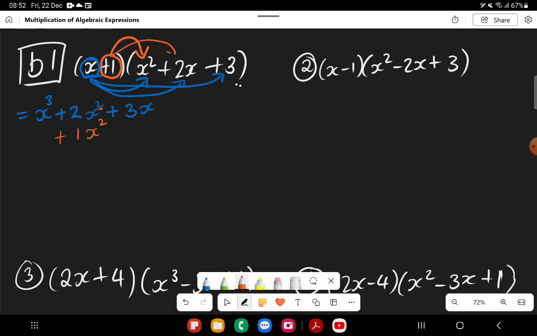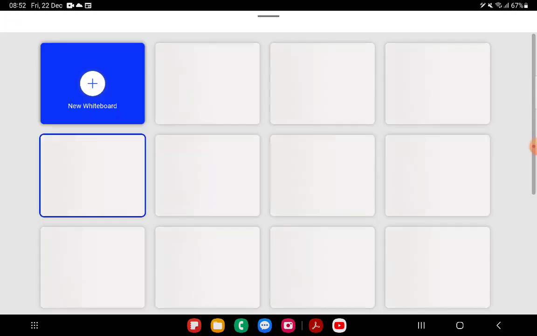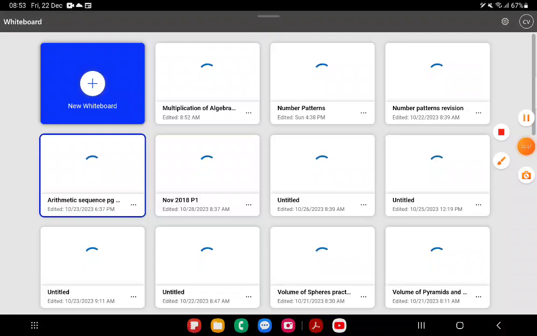The second one, 1 times 2x is going to be plus 2x, and 1 times 3 is plus 3. Notice that I've distributed the blue x. So I've got 3 terms for the blue x, and I've got 3 terms for the orange 1.